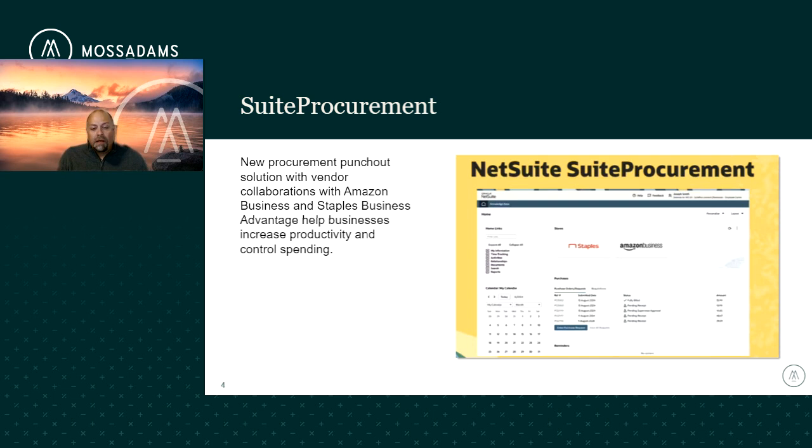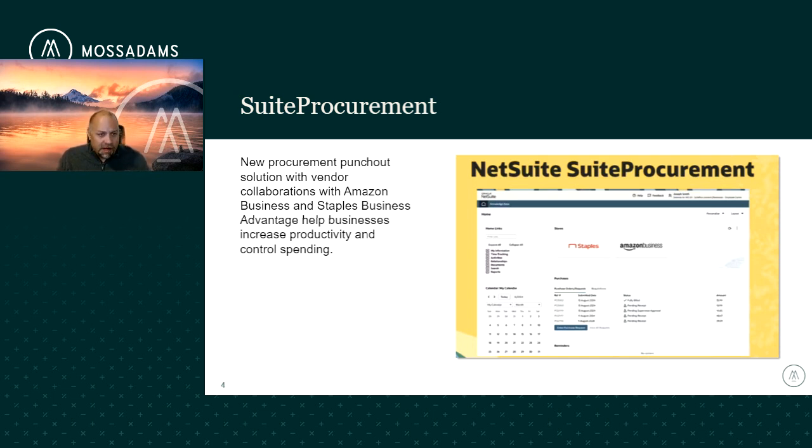The main intent here is to automate and integrate any businesses that purchase things from Amazon or Staples and incorporate those into some of the existing functionality that NetSuite has from a procurement standpoint. We'll talk about some of those things here in a minute.